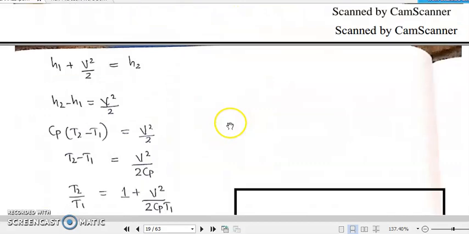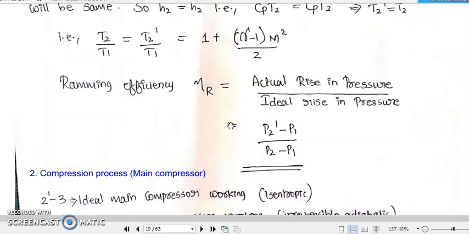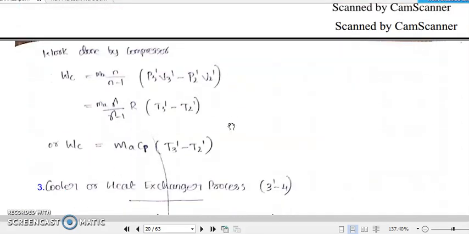So we can write the general expression for work done by the compressor like this. Work done by the compressor will be m_a, where m_a stands for mass flow rate of the air. Air is nothing but our working fluid in our aircraft refrigeration system. Times n by n minus 1, where n by n minus 1 is the exponent of that thermodynamic relation.